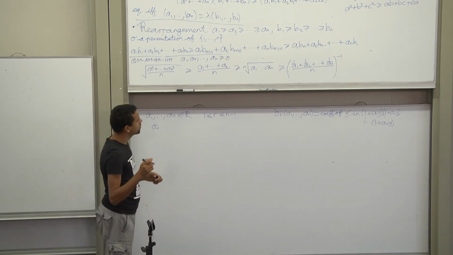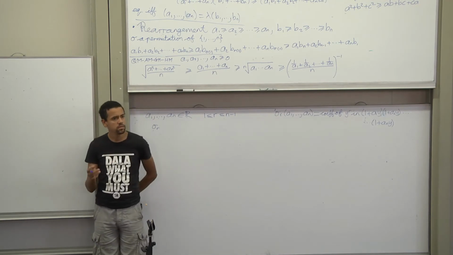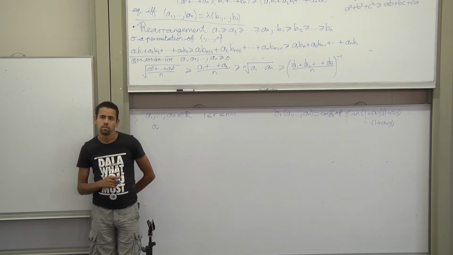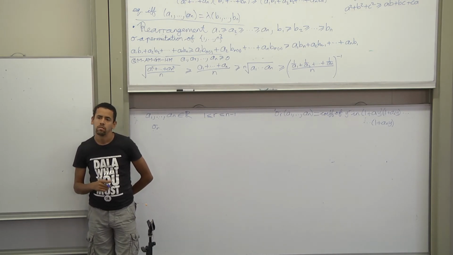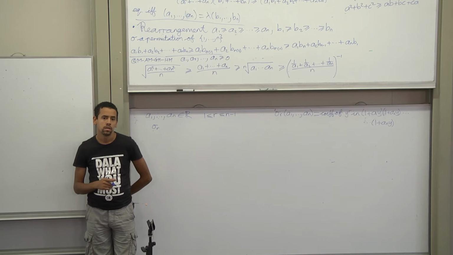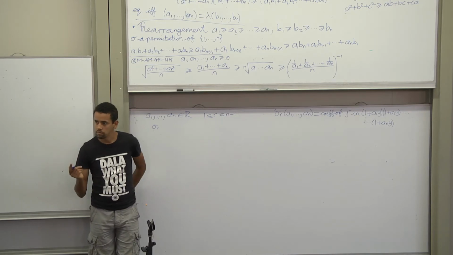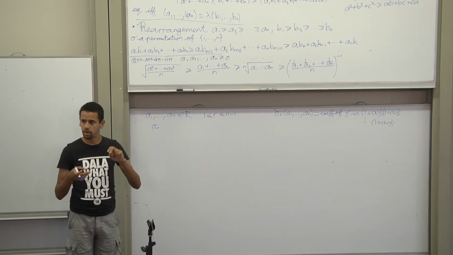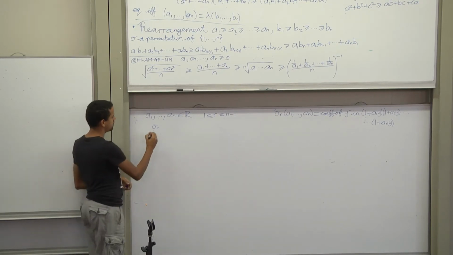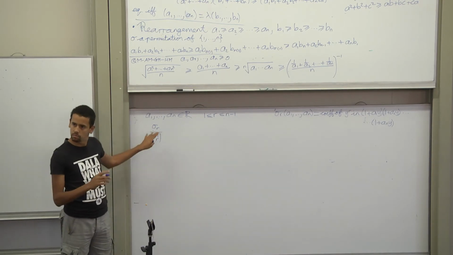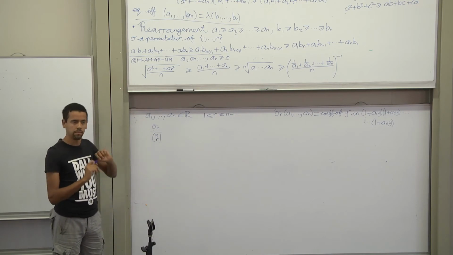So, how many terms are there in sigma r? If I have n variables and I'm choosing r of them at a time, how many terms do I get? N choose r. So if I want the average of these sums of r of them at a time, I would say sigma r divided by n choose r. That's sort of an average of them.